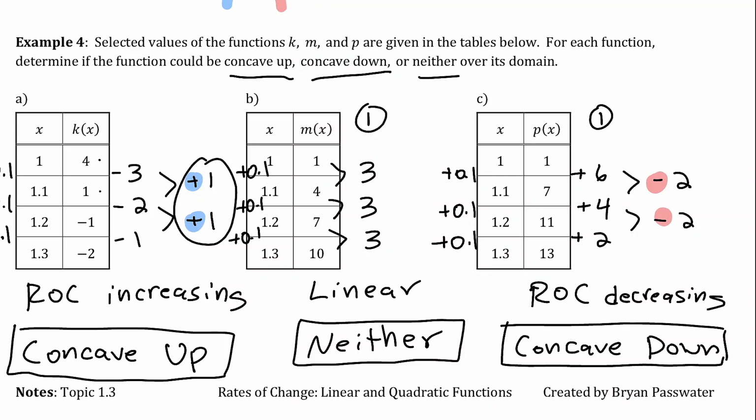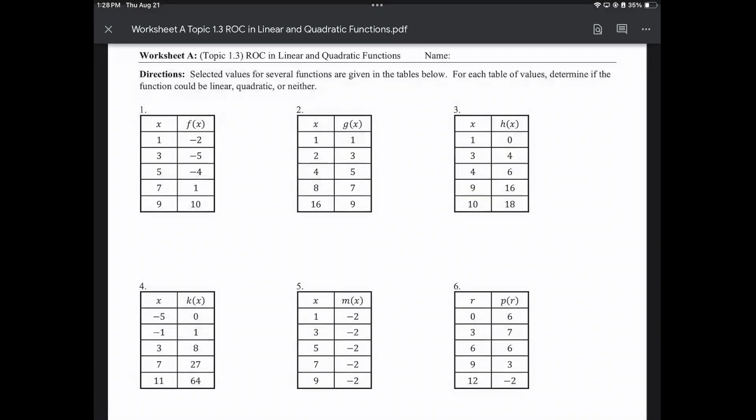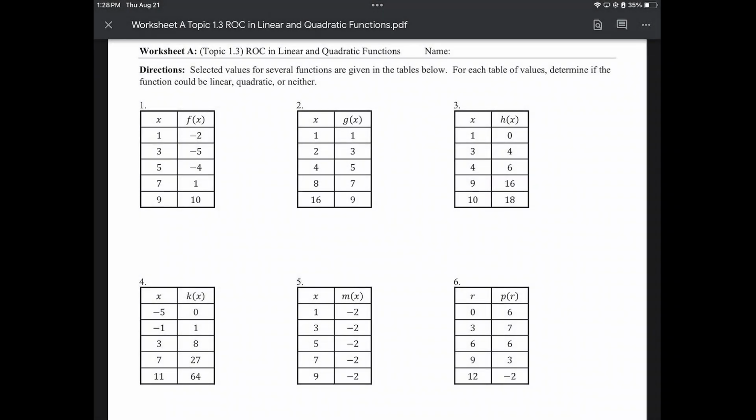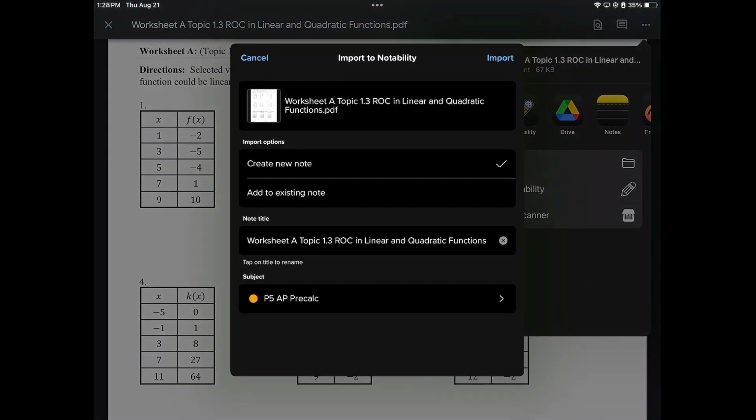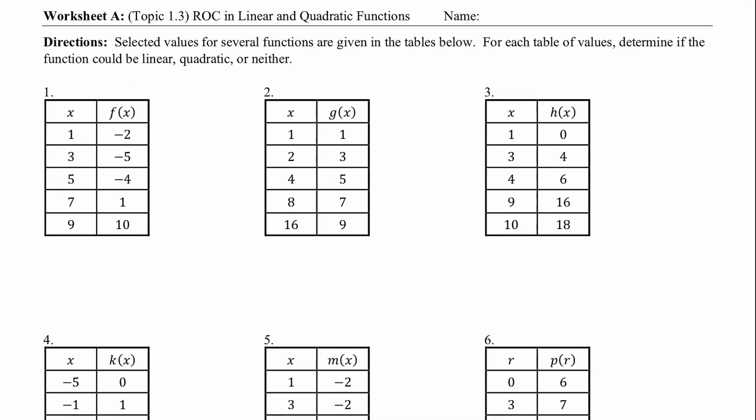So your homework's pretty light tonight. It's only one side, so it's only 9 tables. The first 6 are kind of like the first ones I did. In looking at your homework, 1, 2, 3, 4, 5, 6, you're going to look at the tables again and determine is it linear, is it quadratic, is it neither.